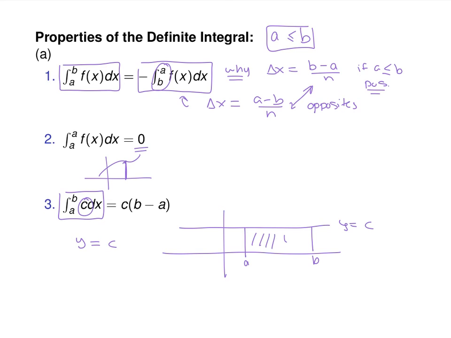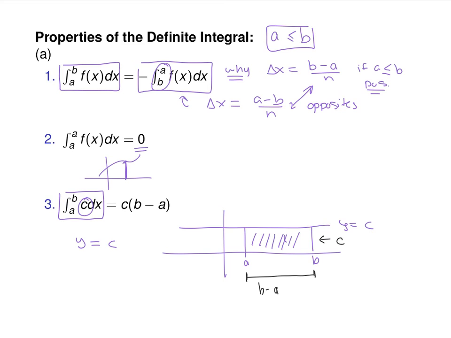Every single time that's going to make a rectangle, isn't it? What is the height of the rectangle? c. What is the distance from this end to that end? b minus a.